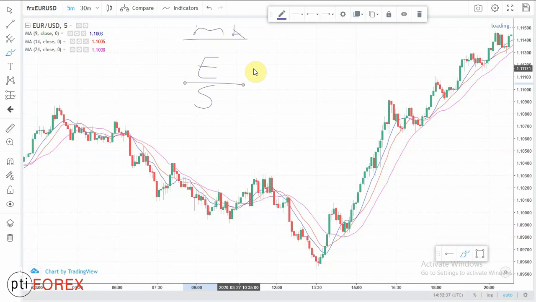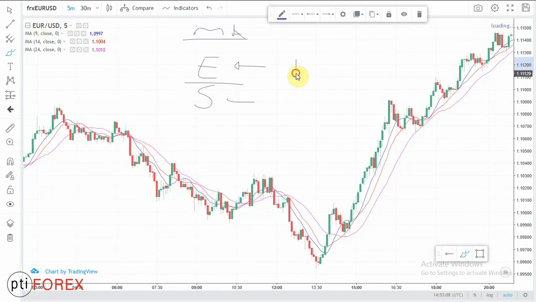Let me start with the simple moving average. You need to know that it only plots based on past or previous data. However, the exponential moving average also plots based on previous data, but it is also affected by the current data, meaning it is more updated than the simple moving average.